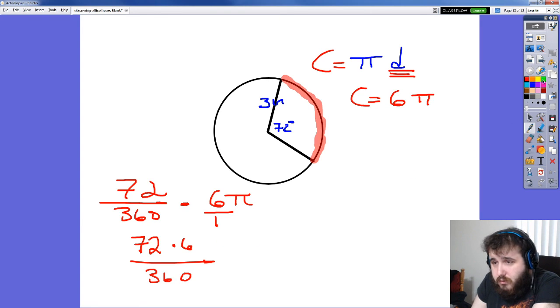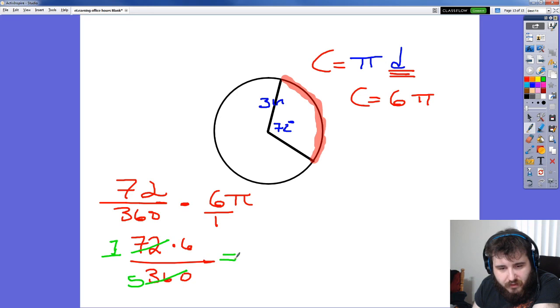So I'm going to cancel out my factors. What do 72 and 360 have in common? Well, 72 actually. 72 times 5 is 360, right? So I can divide this piece by 72 and get 5. I can divide this piece by 72 and get 1.